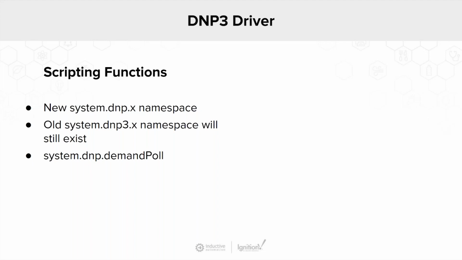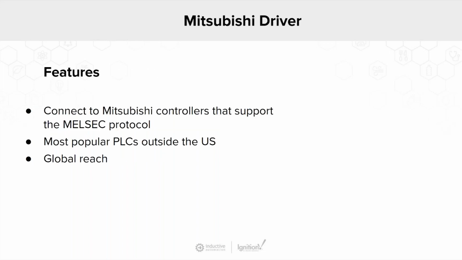This function allows an operator to refresh the live data on a button click event, for example, so they can see the current value and know that they're viewing that. You can certainly see the utility of that when an operator wants to make sure that they're viewing the absolute latest value. So that's it for the overview of the new driver for DNP3. We'll go ahead and jump to the Mitsubishi driver next.